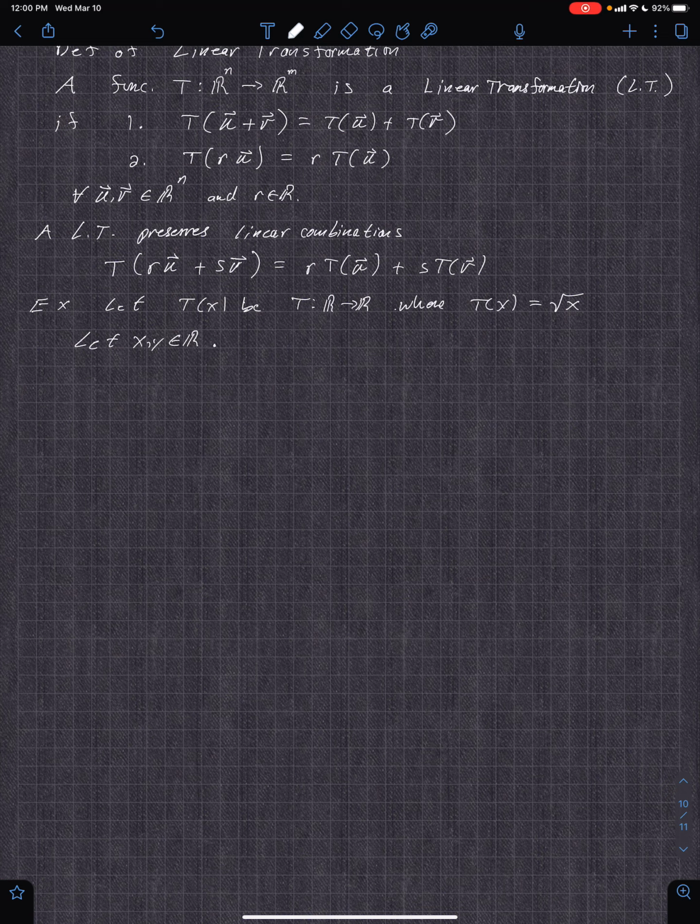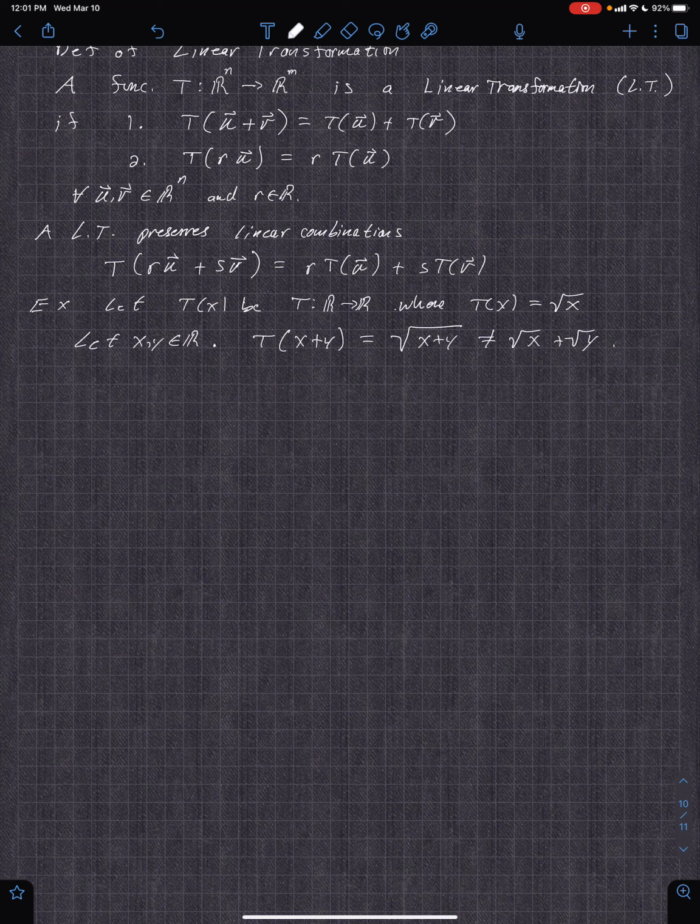Okay, so then you basically try to show it. So you say T of x plus y, is that equal to T of x plus T of y? And of course, if you don't really show it like that, you just start writing it out. So that's what that means then, is the square root of x plus y. And we know that that is not equal to the square root of x plus the square root of y.